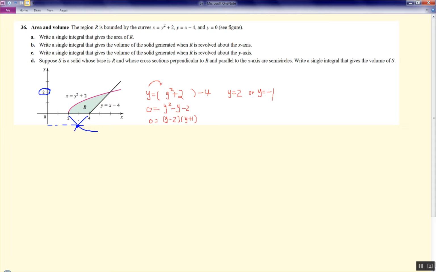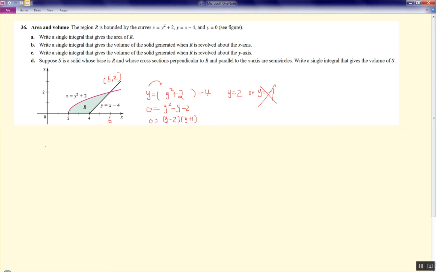So that's where the other solution is. We don't need this solution. y equals 2 is what we want. When y equals 2, if you plug y equals 2 into this equation, you see the x value is just 6. So this point is (6, 2).